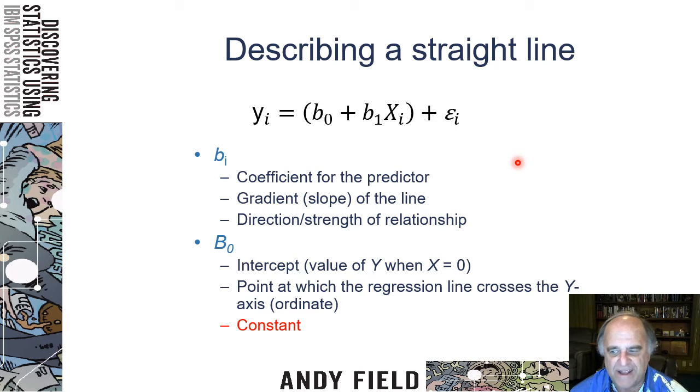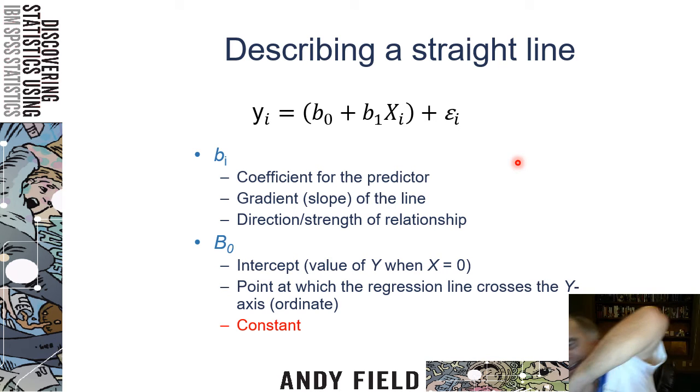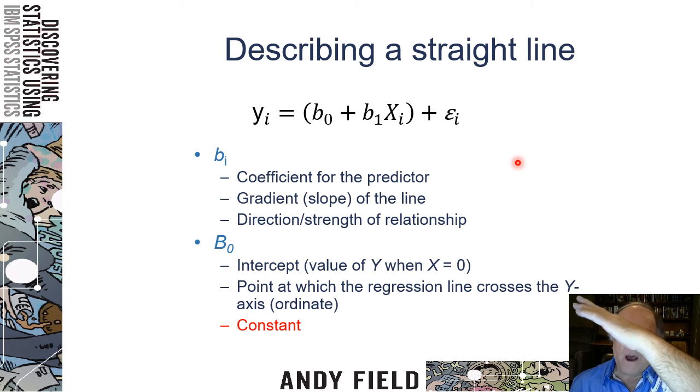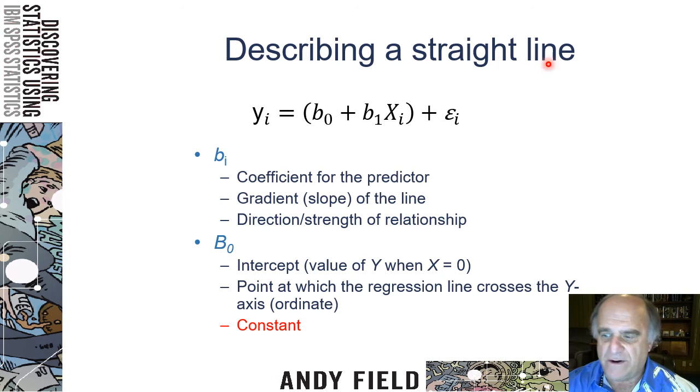It's the gradient or slope of the line. It's the direction or strength of the relationship. So if it's negative, as x increases, y decreases. If it's positive, as x increases, y increases. All right?